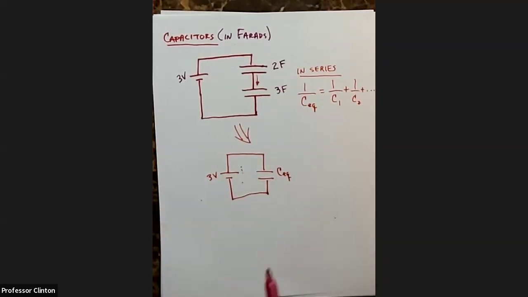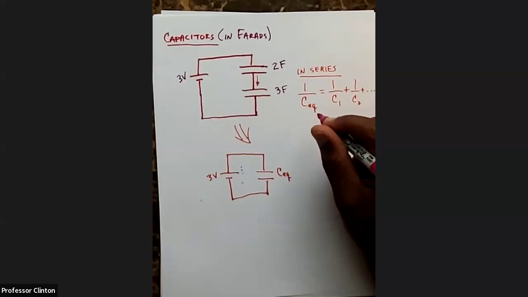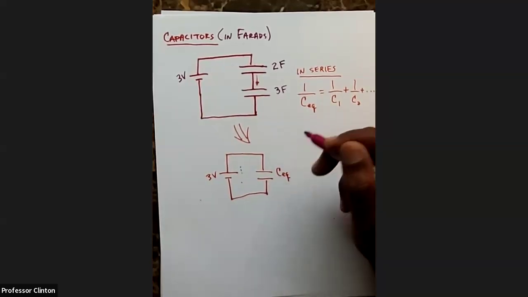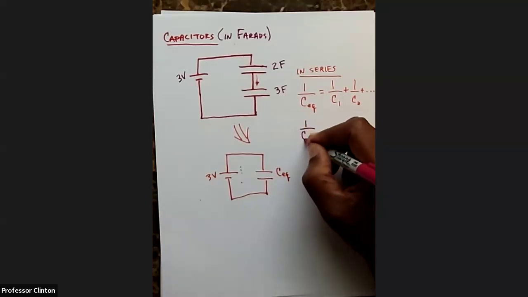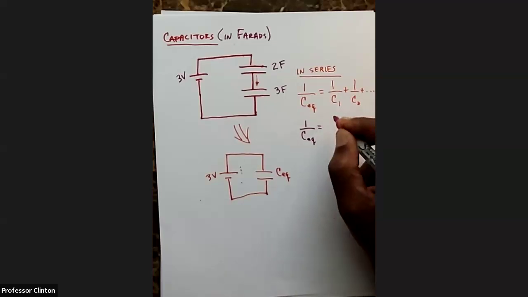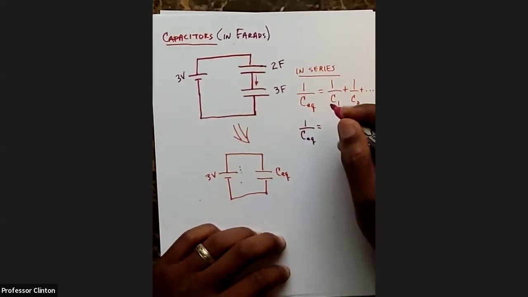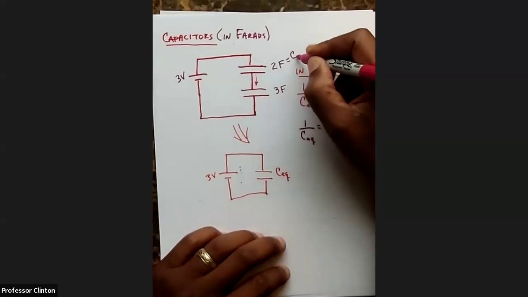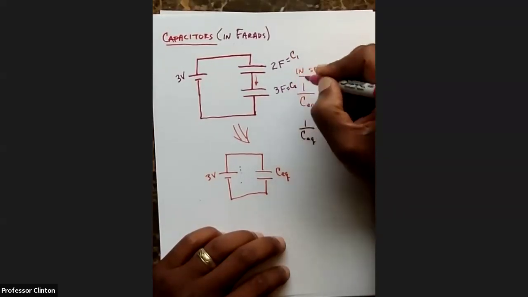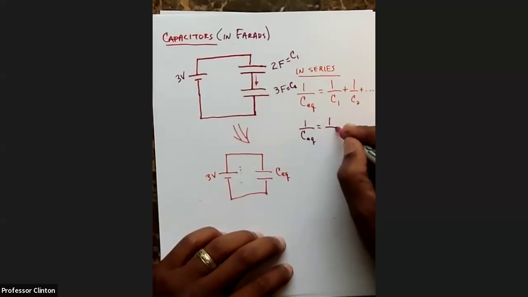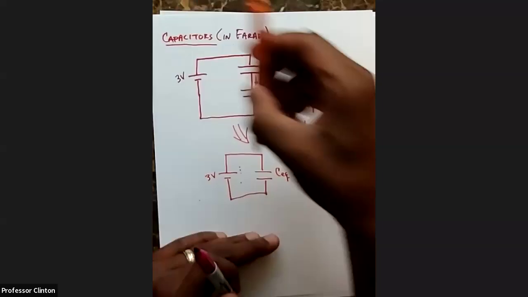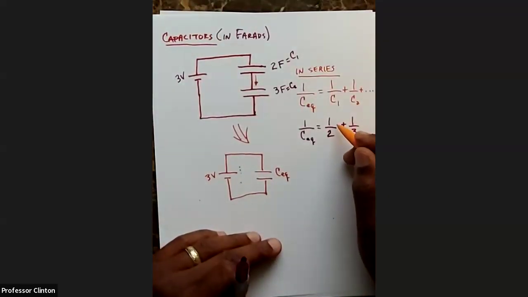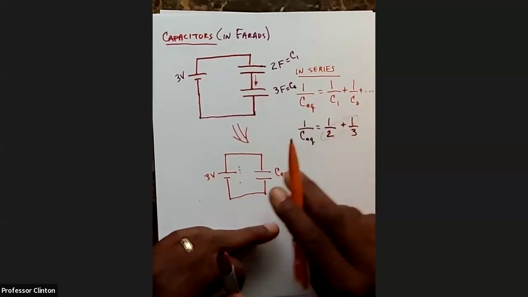So the math is just like you just did for resistors in parallel, except now we're dealing with capacitance. And so let's see, we got 1 over CEQ. Do the math on these. I'll show you a quick way of doing this in case you're a little rusty on fractions. So you have 1 over 2 plus 1 over 3. One quick way, in case you don't know what the lowest common denominator is, is to multiply in that direction.